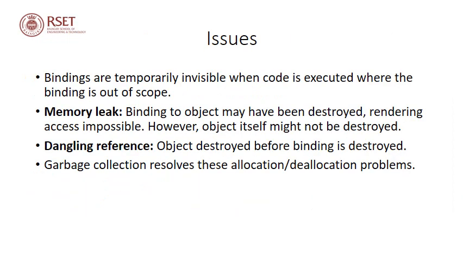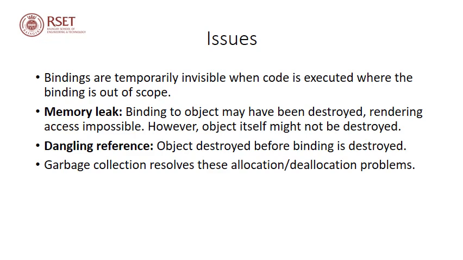So we have seen a few issues regarding binding and dynamic memory allocation. Bindings are temporarily invisible when code is executed where the binding is out of scope. When we talk about a memory leak, the binding to the object may have been destroyed, rendering access impossible. Remember in C and C++ pointers, when we call malloc the first time, p will start pointing to a particular memory location.